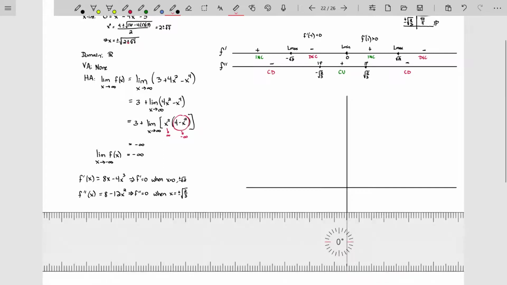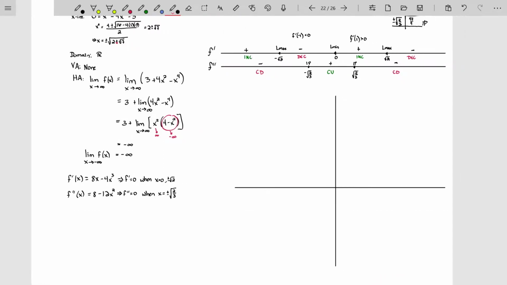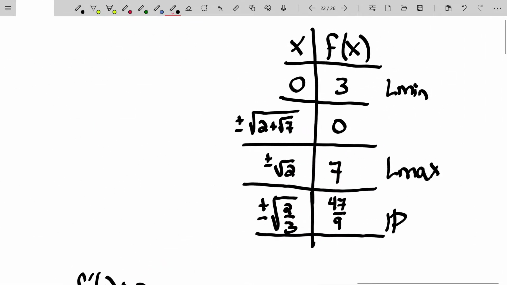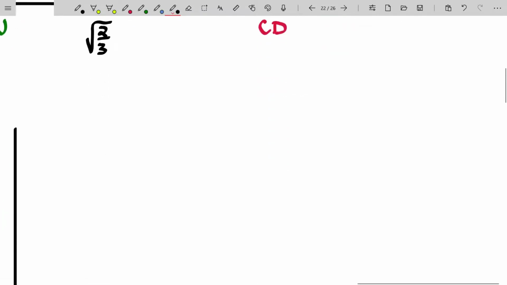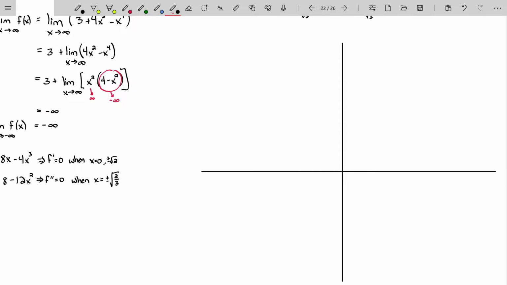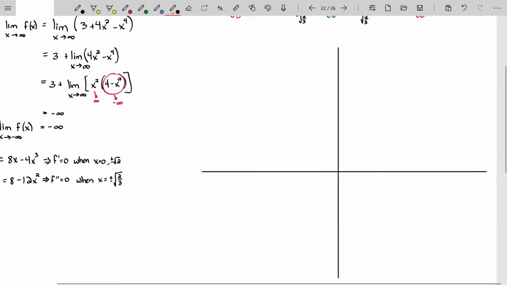I will start plotting points here. So let me turn off my ruler. And the points I'm going to plot are actually from my table. So I'll plot 0, 3. Now notice, first of all, the scales that you're going to need here: the y values should go all the way from 0 to 7. Yeah, 7 is the largest. I'll probably have my y values go from -7 to 7 or something like that.